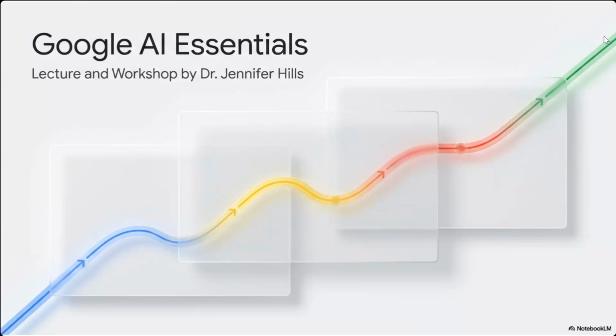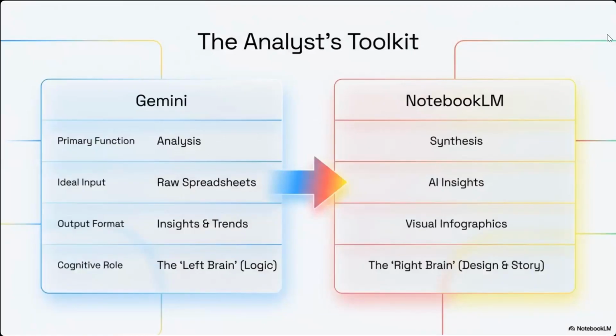We're going to really be looking at 2 AI platforms. The first one we kind of talked about last week is Google Gemini. Today we're going to use Gemini as an analysis tool.